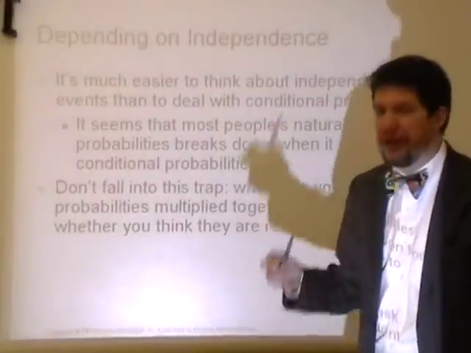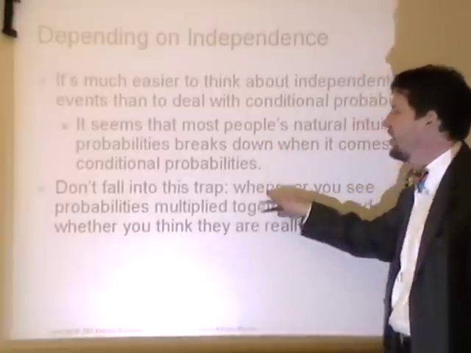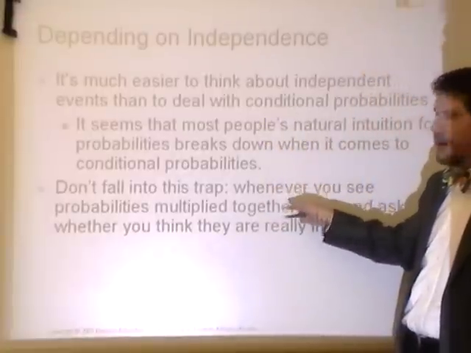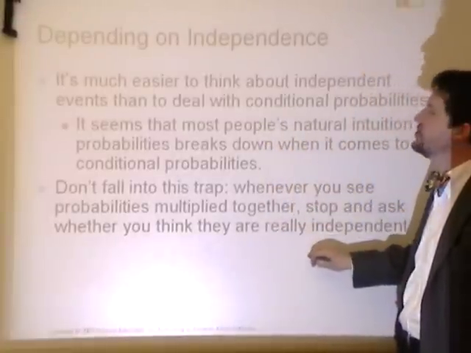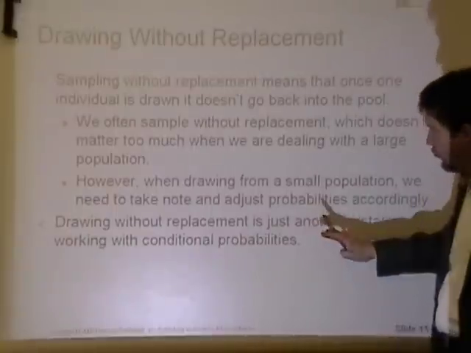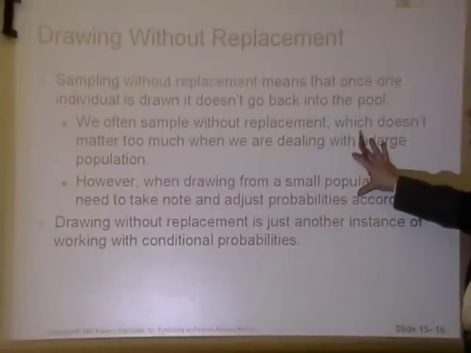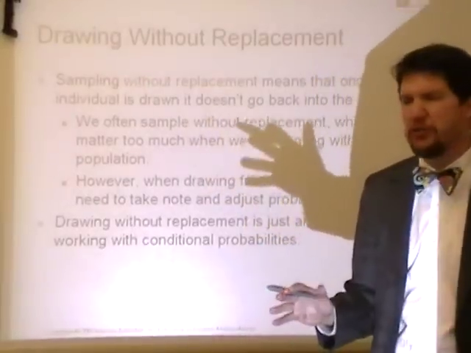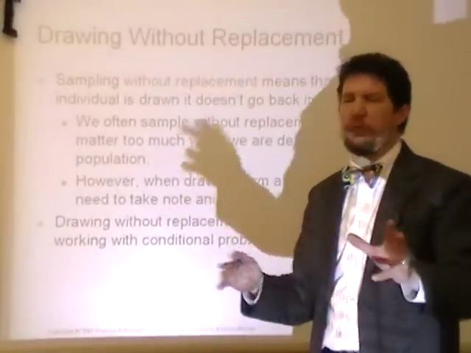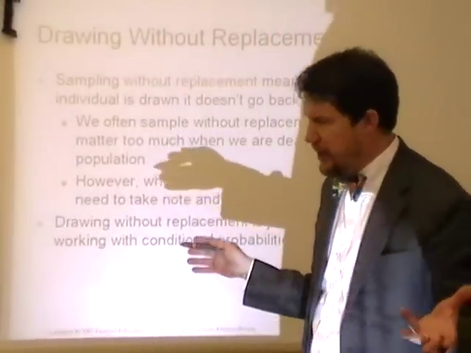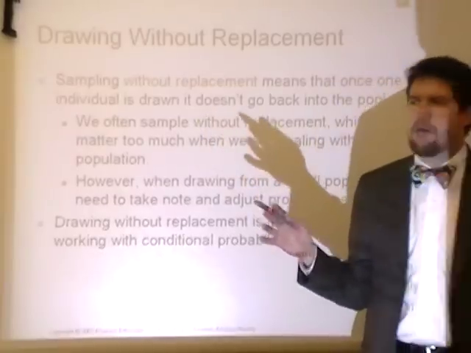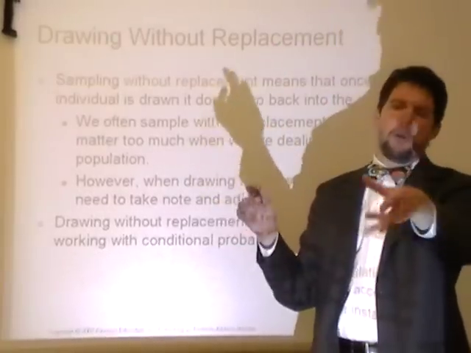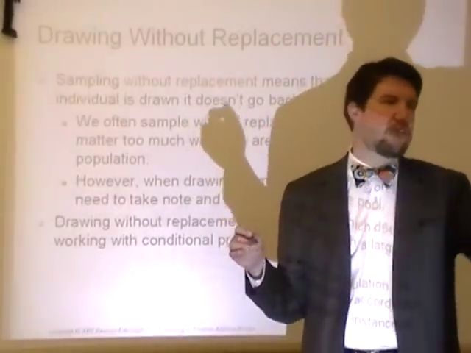So when you multiply, you need to ask yourself with common sense, what is the probability of the second event? Has it changed? Okay. When we talk about drawing without replacement, that's what that conditional probability really is. Back in the first day of class when we were sacrificing someone to the dragon, we pulled someone and said, oh, you get sacrificed to the dragon outside.